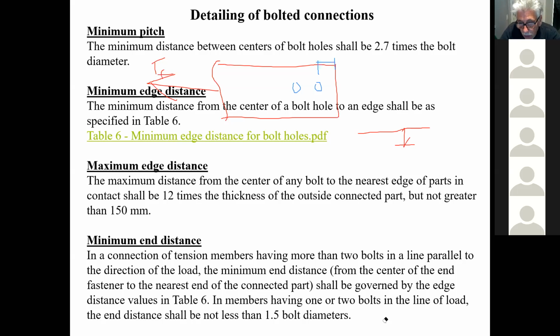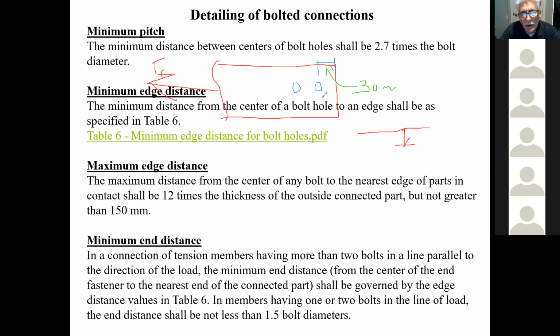Now, with 1 or 2 bolts in line of the load, the end distance should not be less than 1.5 times the diameter of the bolt. So this one has the distance here. If I have a 19 millimeter, 3/4 inch bolt, I'll use 20 because it's easier to multiply. If I'm using a 3/4 inch bolt, I should have at least 30 millimeters here from the center line.